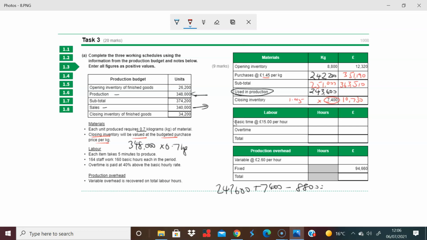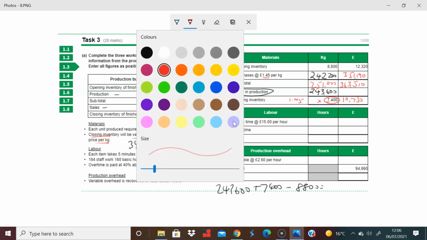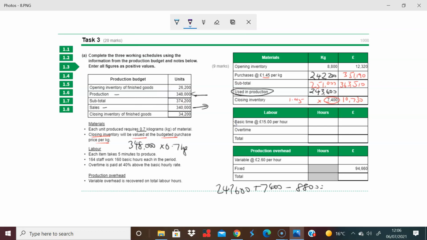I have a total, I must have used, just change my pen color just for effect, I must have used the difference between 363,510 and 10,730. You have all this in stock. This is what you have left. So you must have used the difference, which is 363,510 minus 10,730, which gives you 352,780. Right, good.